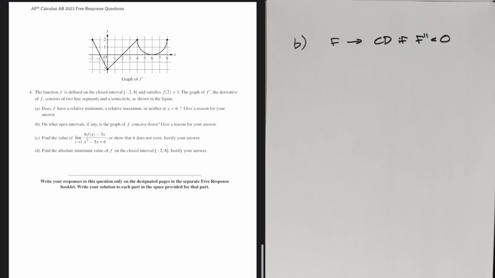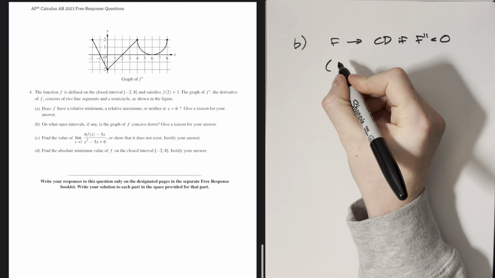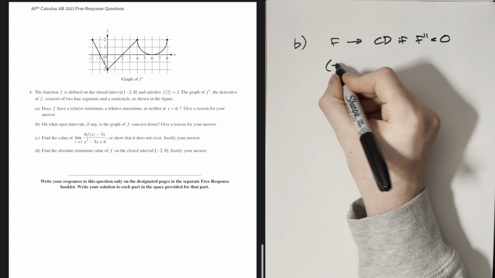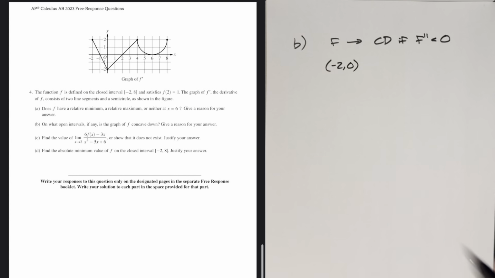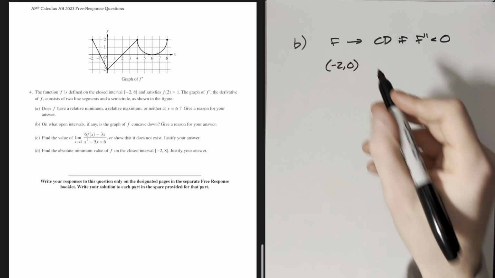Well, it's the slope, right? It's the slope of the function, the tangent line at a point. So, looking at this graph, I'm just looking for where the slope of the tangent line is negative. And it looks like, to me, those intervals are from -2 to 0. Slope is negative. And then that second line segment, it's positive from 0 to 4, right?